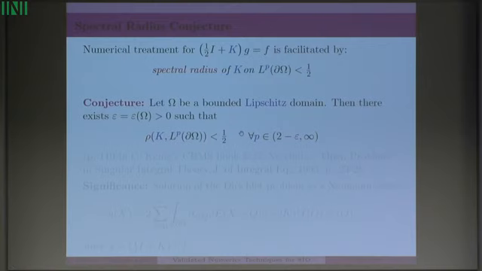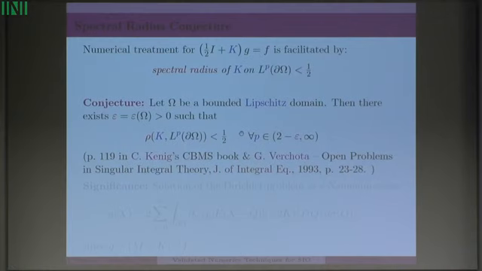Here rho stands for the spectral radius of the operator K on L^p, and this is conjectured to be less than 1/2 for any p between 2 minus epsilon and infinity. It's a problem in one of Kenig's books, and it's also brought up by Greg Verchota.